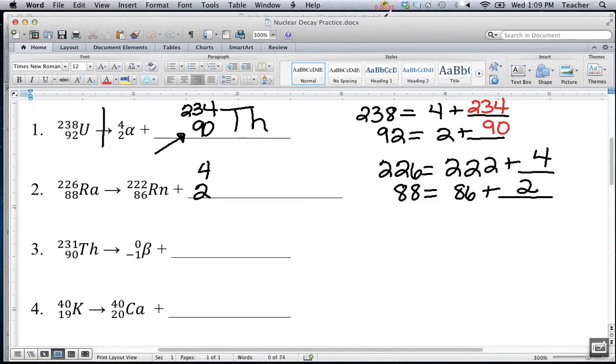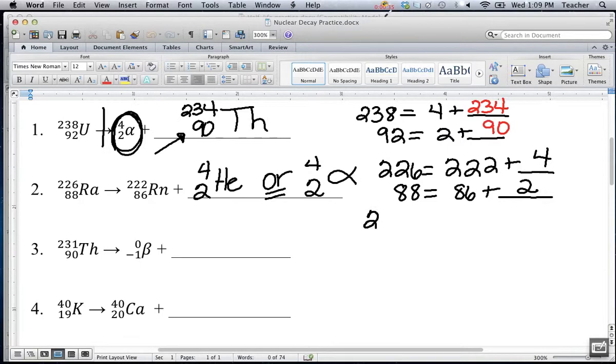Now I can look this up just like I did on the periodic table, and I would put in the symbol He, but I also have another option. If you look at your radioactive particles, you have another one that has a mass of 4 and a charge of 2, and that is your alpha particle, just like this one up here. Either one is fine. One is not more correct than the other. You would not get any credit taken off for either one. Either answer would be acceptable.